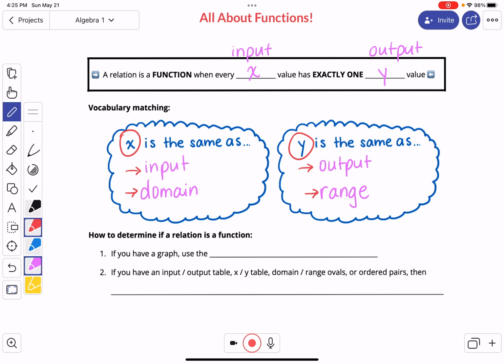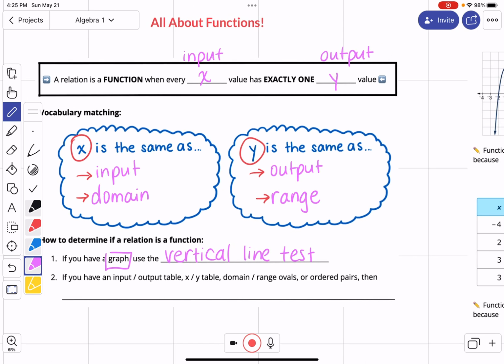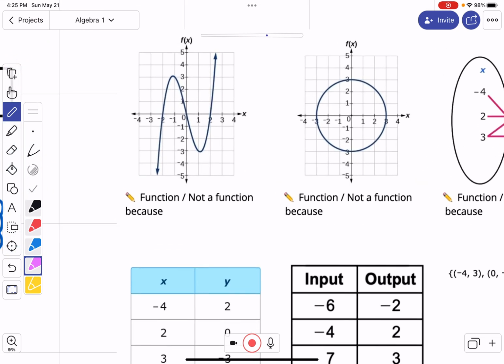There's two different strategies that we'll use in order to determine if a relationship is a function. So if you have a graph, then you can use the vertical line test. And I'm going to show this to you if you flip over to your next page and you look at one of the graphs. I'm going to just take a look at this first one here.